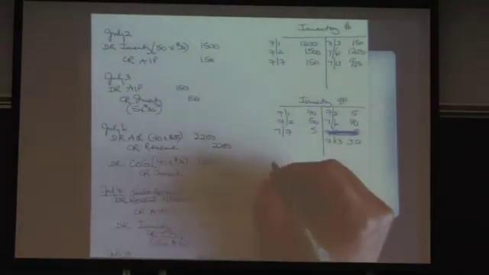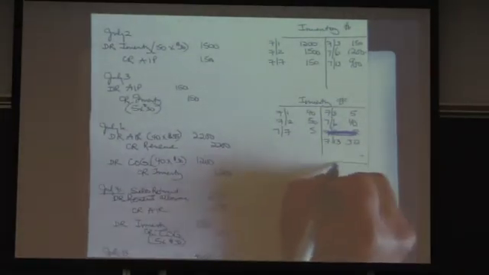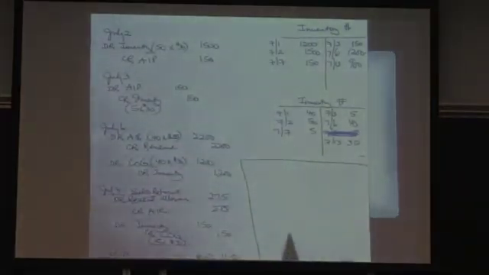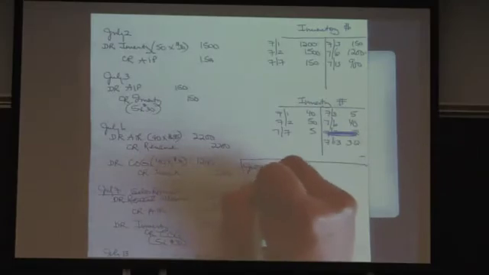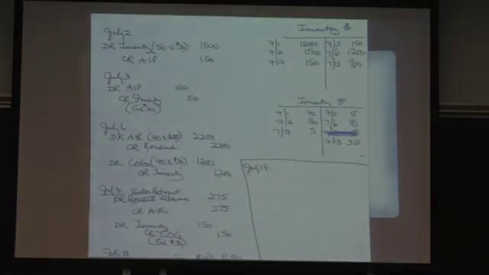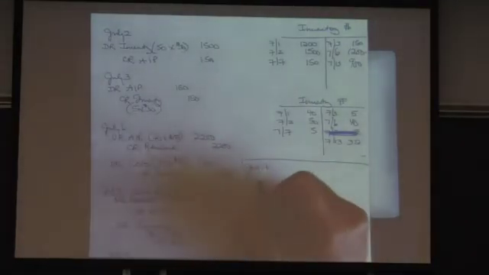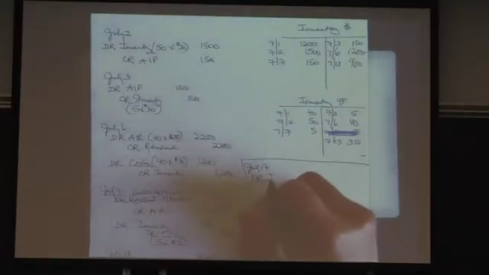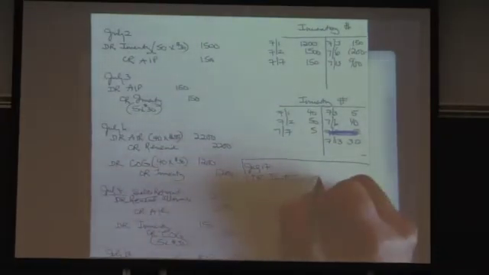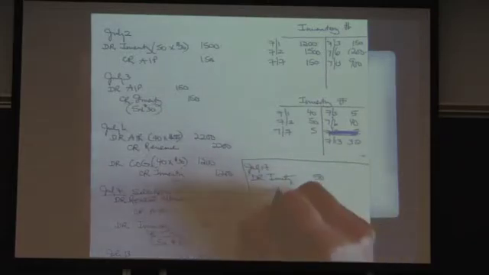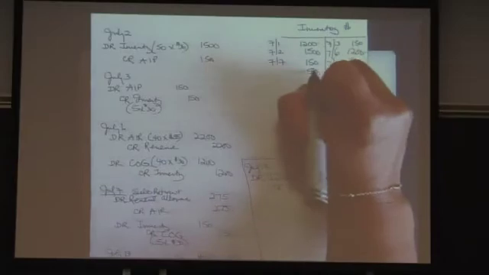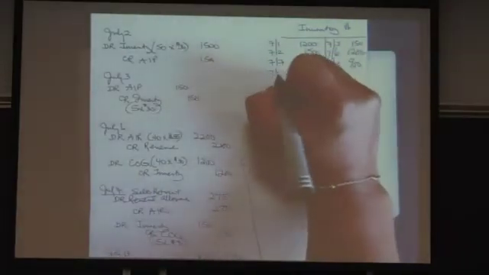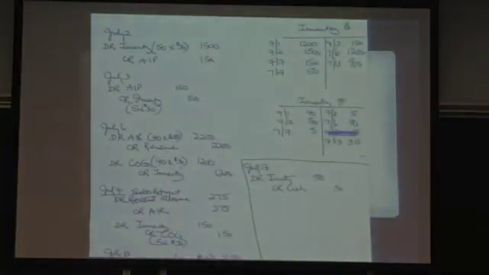This is July 17th. Okay. Because we're using perpetual inventory system, I'm going to debit inventory for the freight cost and credit cash, which means that I need to debit my inventory for the freight cost. Okay?